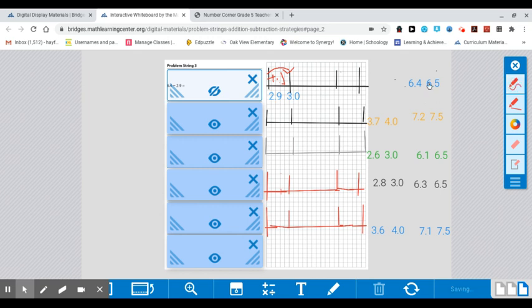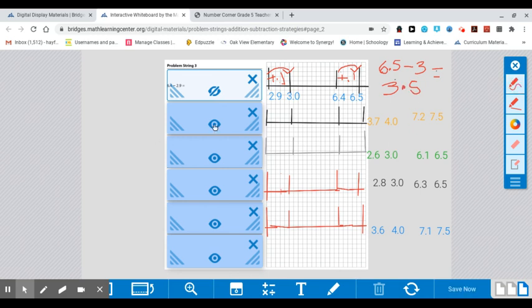So we have 6.4, and we're going to add on 1/10 to give us 6.5. Okay, now we're going to find the difference between the numbers. So we've got 6.5 minus 3. Well, that's way easier. So that answer is 3.5. I hope you were thinking that in your own head.